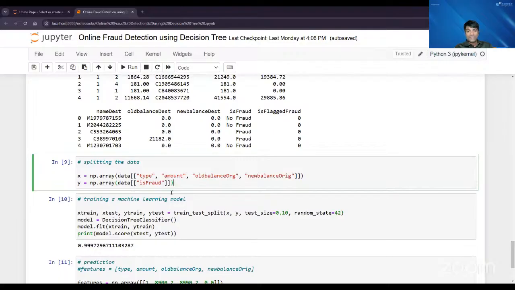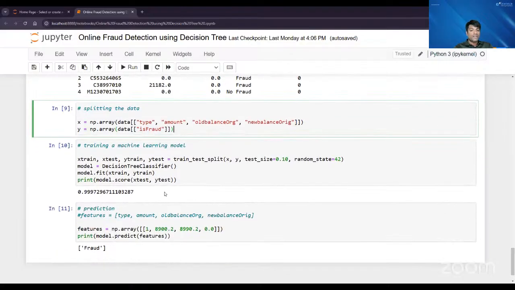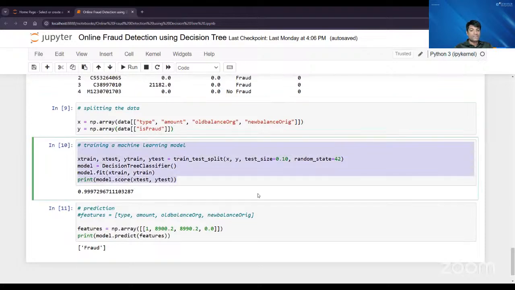Now next we are training the machine learning model. As I told you, I'm keeping a very simple decision tree model for you to understand. Let us not take complicated ones. That's why I've not taken any complicated model.